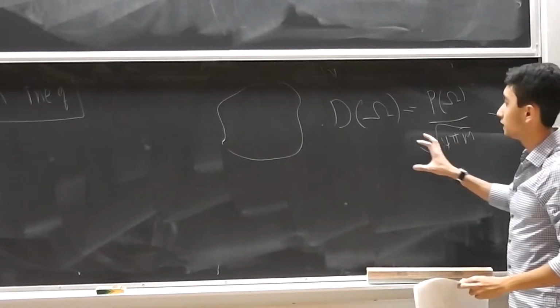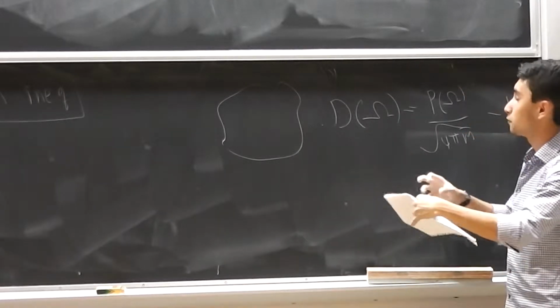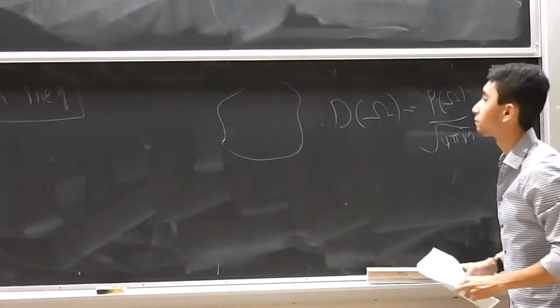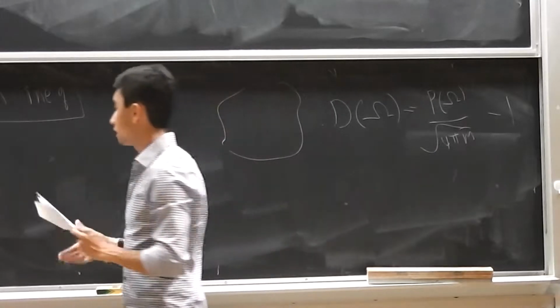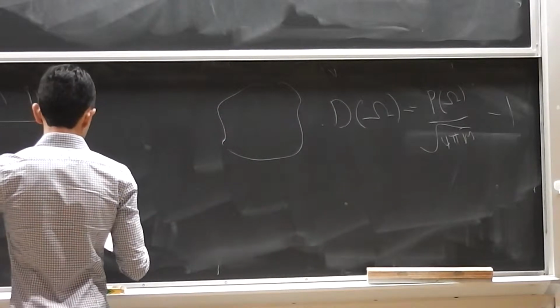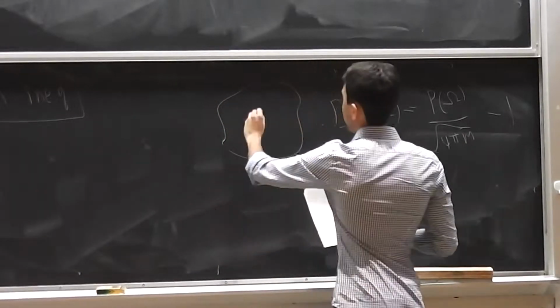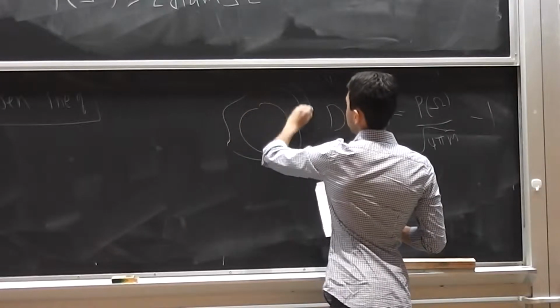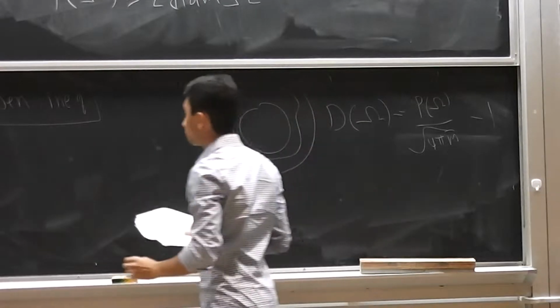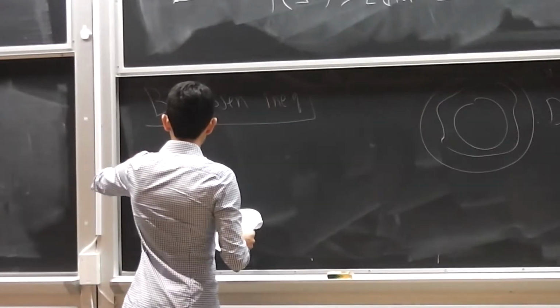So it's a measure of how much more perimeter you have than that of a ball. So what this Bonnesen inequality does is it relates the isoperimetric deficit to how much the boundary deviates from a ball.